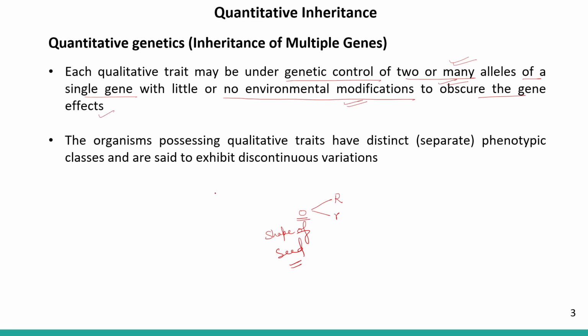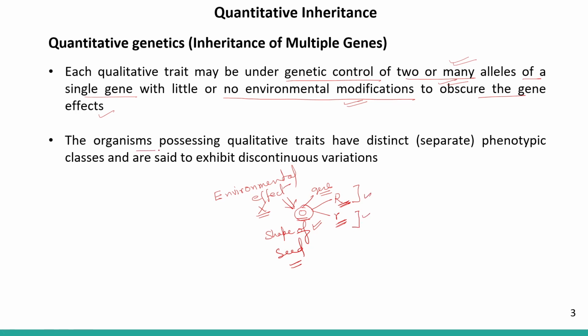So there will be no environmental effect on this particular gene, right? So what will the effect be? It will be purely concerned with the allele it is carrying, whether capital R or small r. So the phenotype depends upon the type of allele only.